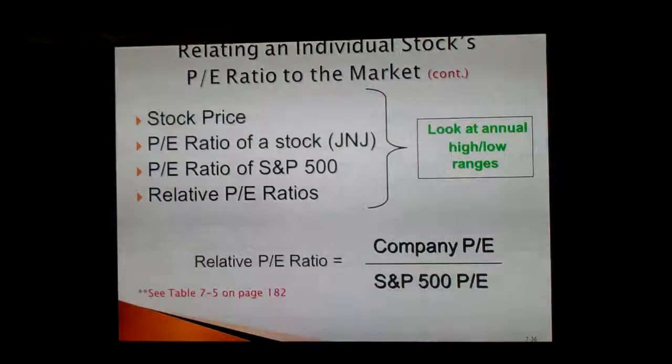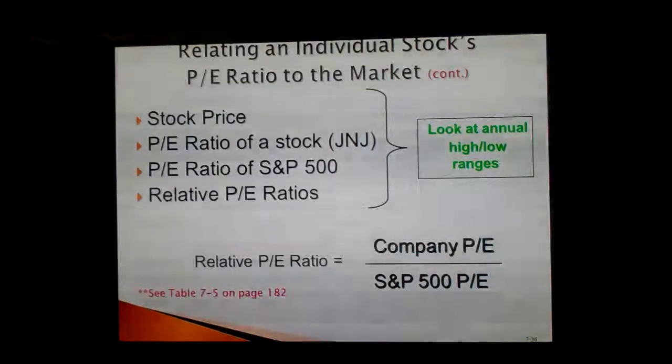Okay, relating individual stocks to the market, P ratio. So we have the stock price, the P ratio of Johnson & Johnson, the P ratio of the S&P 500, the overall market. So we get the relative ratio right here would be the company P ratio over the S&P 500, and we'll see where it is relative, basically as a percent of the S&P 500.